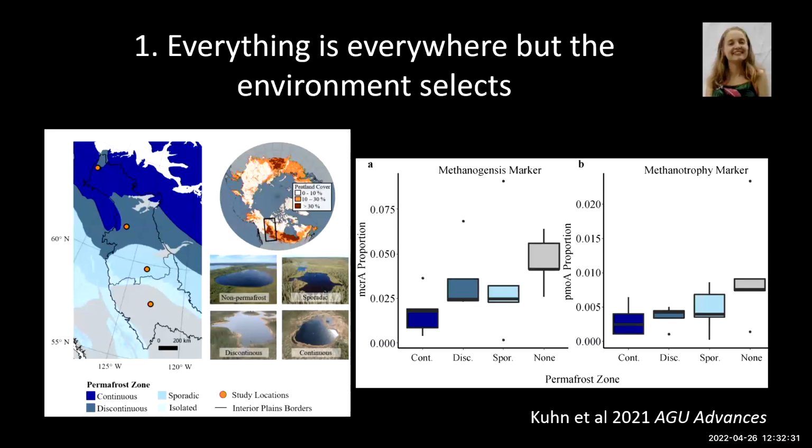In this paper, what Johanna found was that the markers of methanogenesis and methanotrophy increased as permafrost was lost, so as we went from lakes in the continuous to sporadic to no permafrost zones. And there's a more detailed paper on these changes coming soon. And these findings are consistent with another paper we published last year in Global Change Biology that found that the loss of permafrost isn't really changing the food web in these peatland streams.